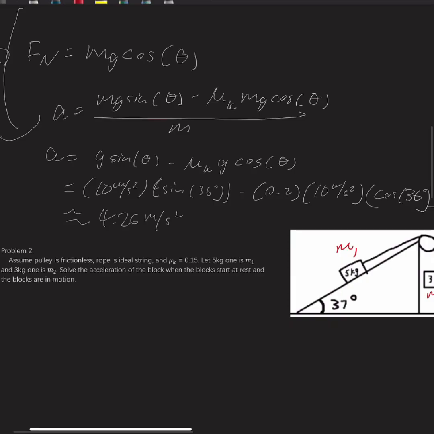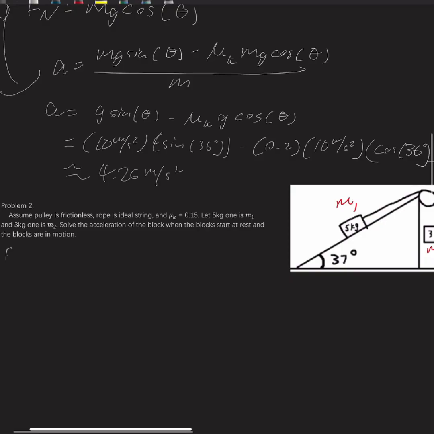We want the acceleration of the blocks when the blocks start at rest and are in motion. In this problem, what we should do first is draw the free body diagram, so FBD.